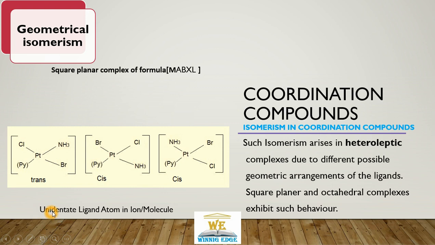And remember, we have the unidentate ligand atoms or ions, and we assign the priorities on the basis of these binding atoms to the metal. As you just saw, there are 2 cis and 1 trans isomer possibilities in the case of M A B X L sort of square planar complexes.